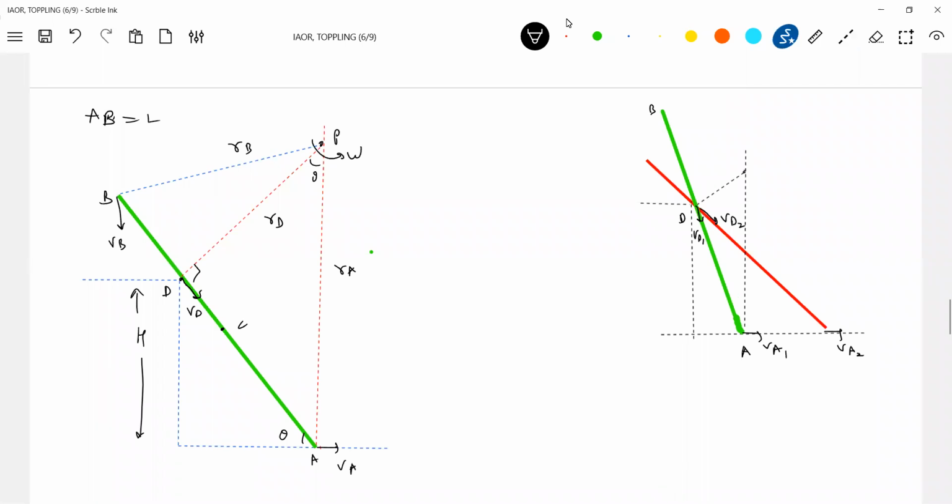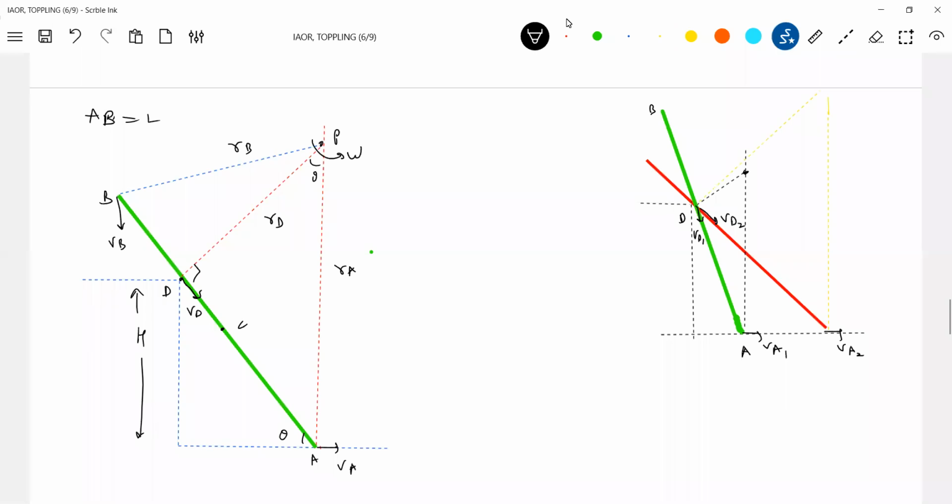Initially for the green one, and for red color, I'll choose some yellow color one. Some rough diagram.